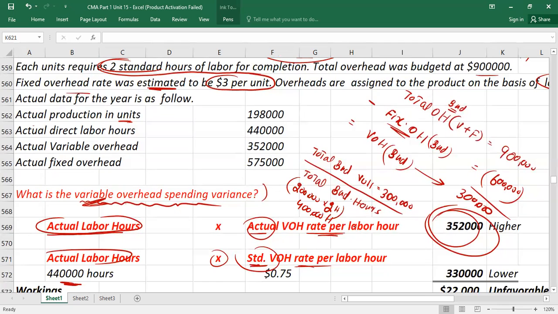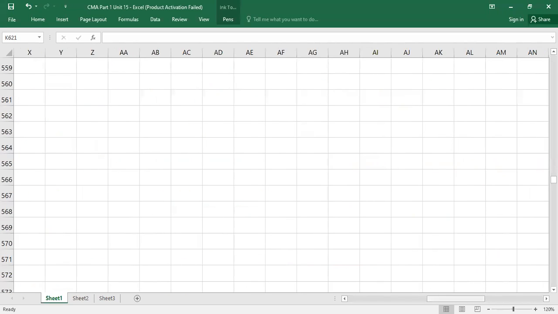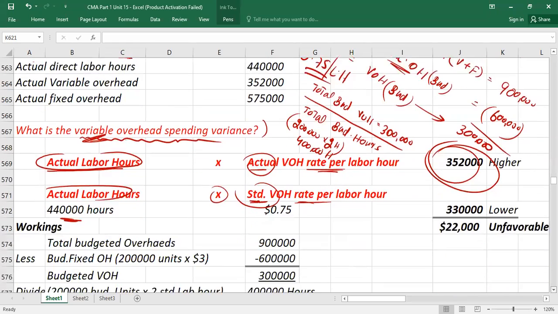Agreed? Now what was the overhead amount? 300,000. And what are total budgeted hours? 400,000. So what will be the rate? $0.75 per labor hour. This is the standard rate. So this standard rate, I'll bring it here in the second line.